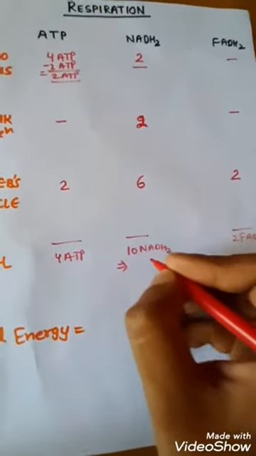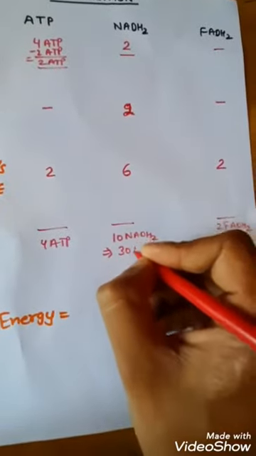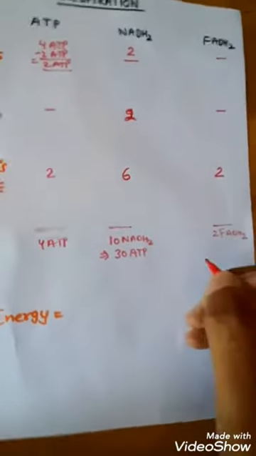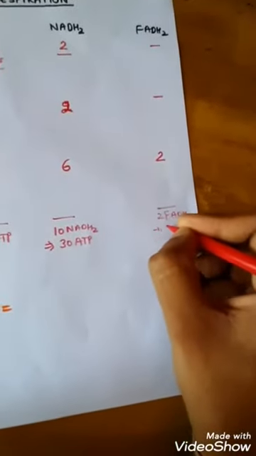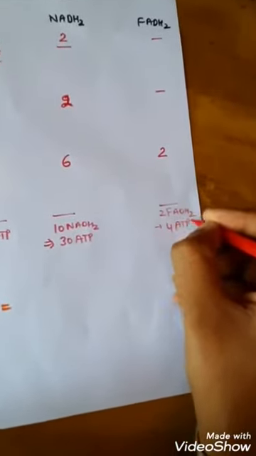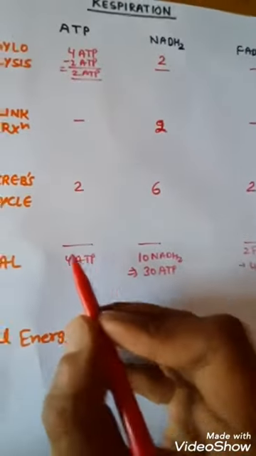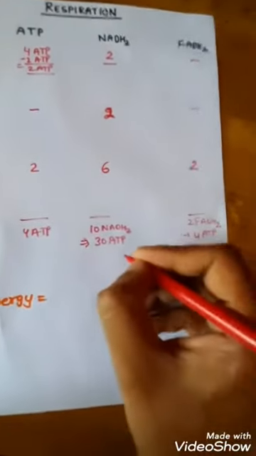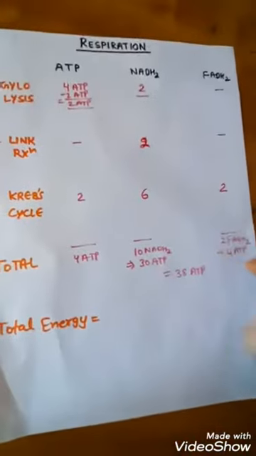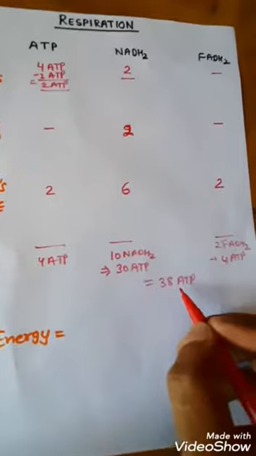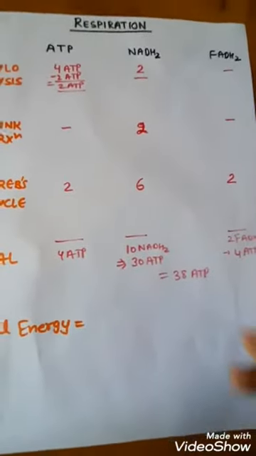We generally take it as 3 ATP, so it will be equal to 30 ATPs. 1 FADH2 is equal to 2 ATPs, so it will be around 4 ATPs. So if we total them, 30 plus 4 plus 4, that is 38 ATPs. So in the complete process of respiration, a total of 38 ATPs are obtained from one glucose molecule.